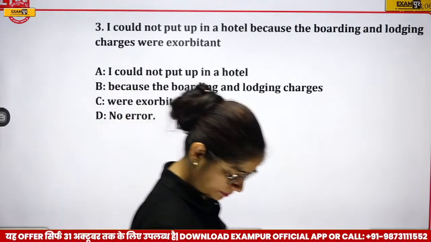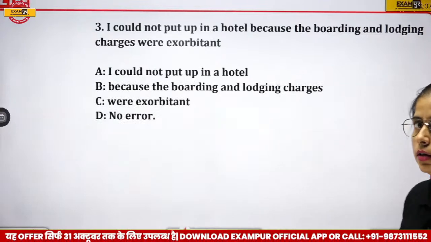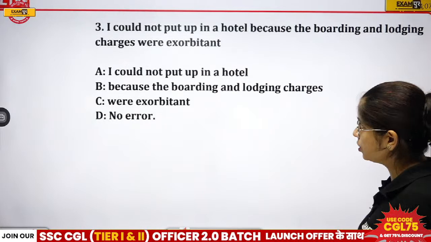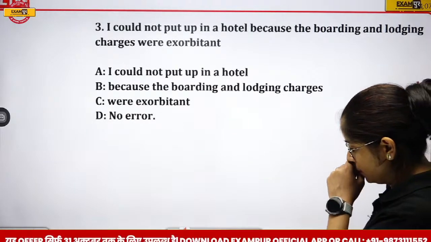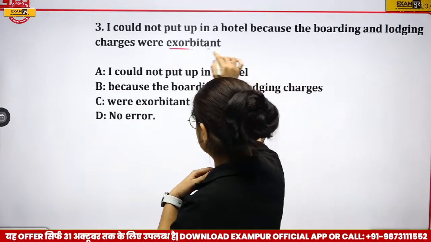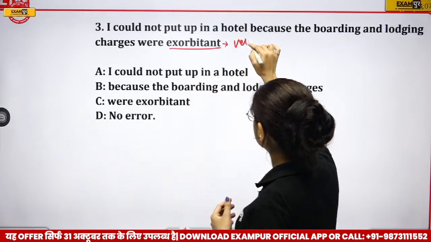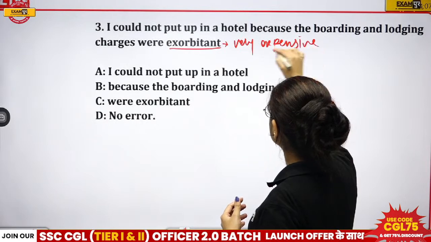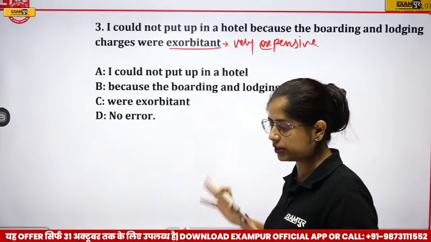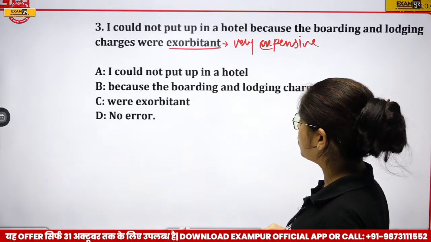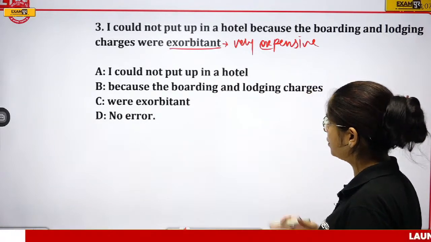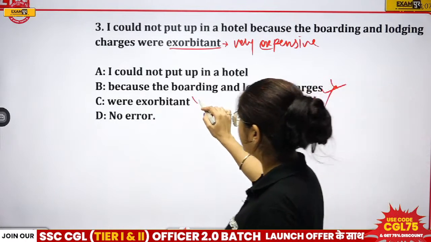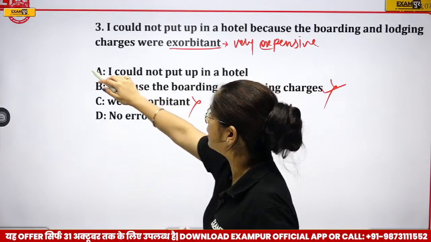Tell me. Let's read it out once again. I could not put up in a hotel because the boarding and lodging charges were exorbitant. So I told you the meaning of this word, like very expensive. The hotel was very expensive, very huge charges were there, right? So I could not put up in a hotel because the boarding and lodging charges were exorbitant. So this doesn't have any error. Error lies in part A.